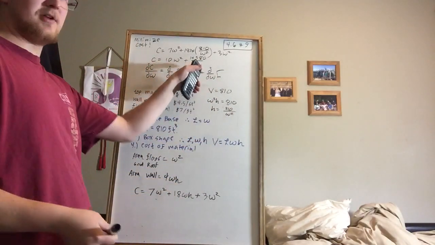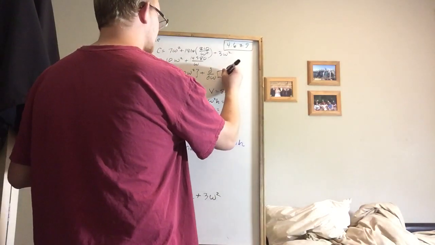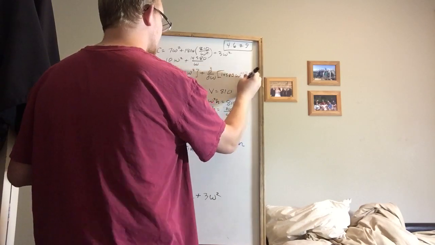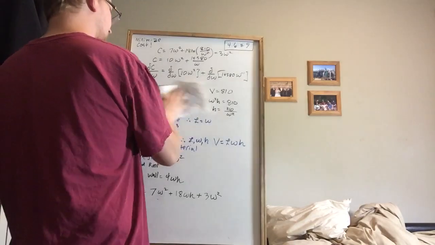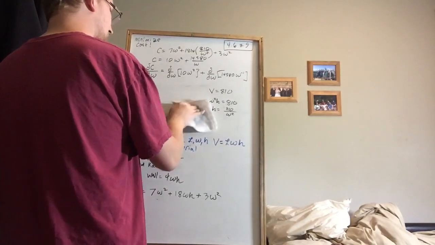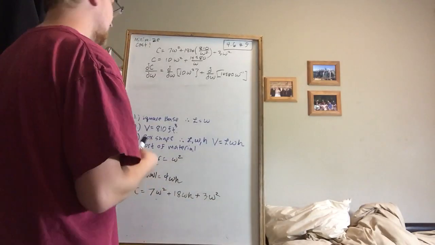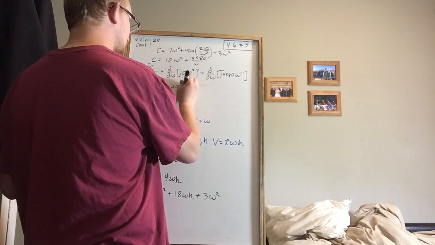I'm going to write the w in the numerator as w to the minus 1. So now we're left with 14,580 w to the minus 1. Once again, need more room. Let's go ahead and take the derivative. This one is a nice power rule one. That just gives us 20w.